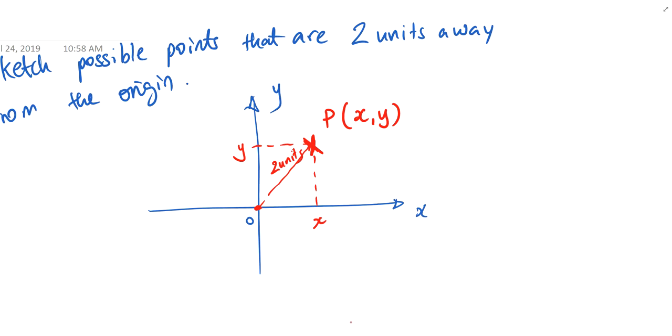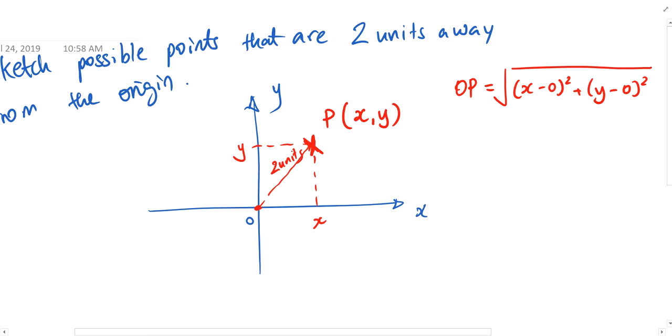Okay, using the length of line segment. So what is the formula for the length of a line segment? OP is given by the square root of x minus 0 squared plus y minus 0 squared.